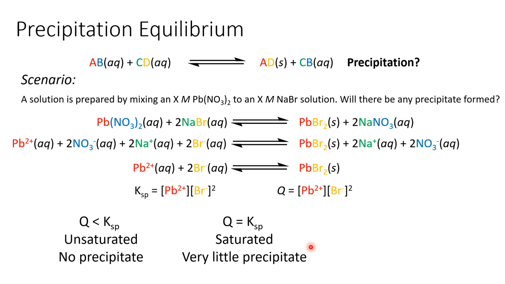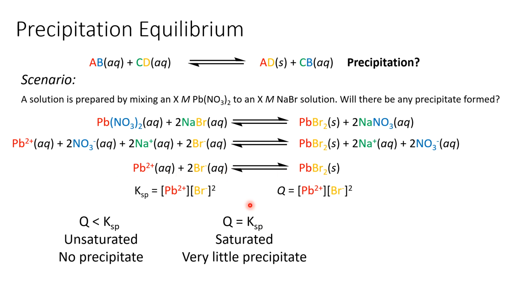So when Q is equal to KSP, you're at equilibrium, and the only way you have any solid is because of the value of KSP. KSP is usually a small number, and that small number is telling you how little of your solid is actually breaking up into your ions.